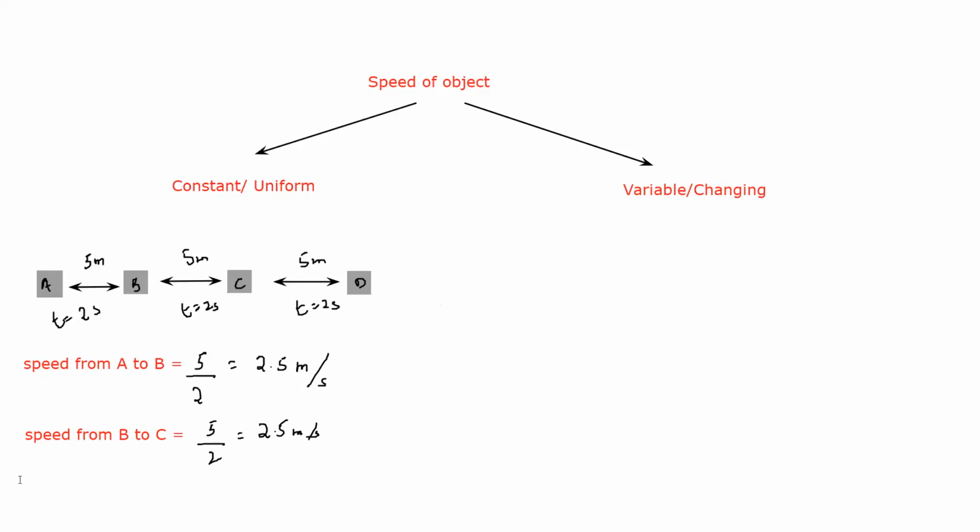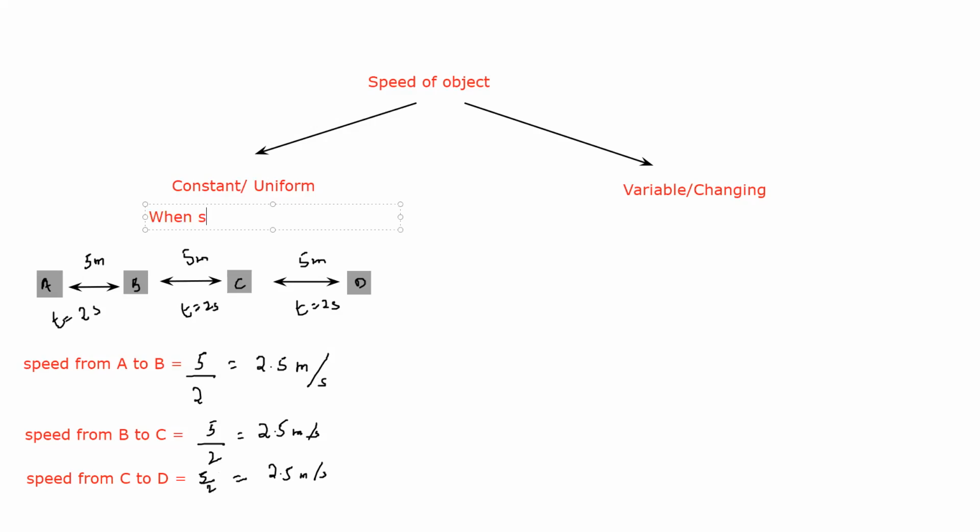And moving from C to D, the distance traveled again is 5, and the time it took is 2, so 2.5 meters per second. So you can clearly see that for this object, the speed is not changing. When the speed is not changing, we call that a constant or uniform speed.